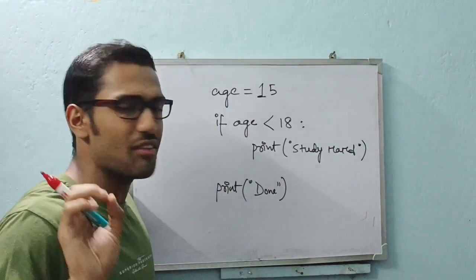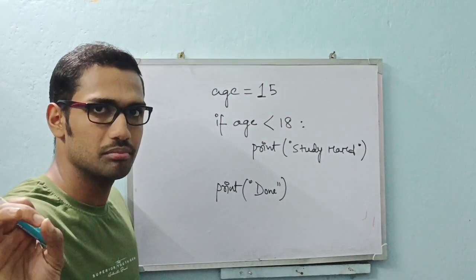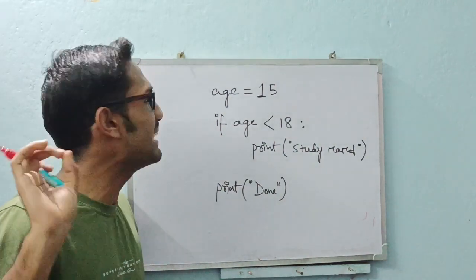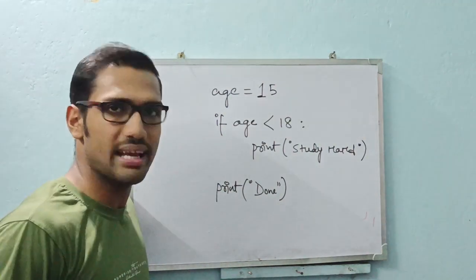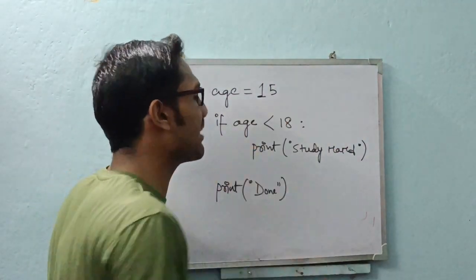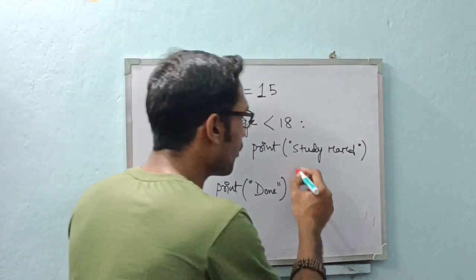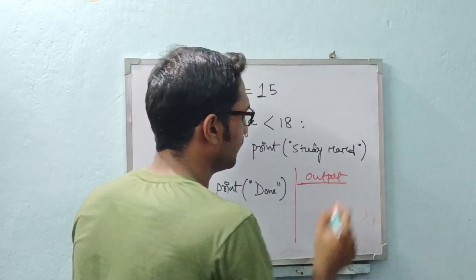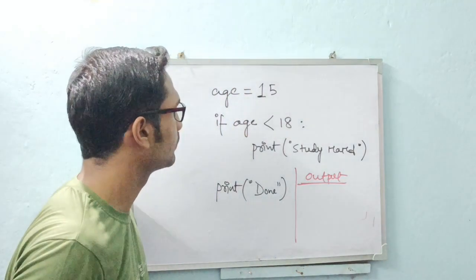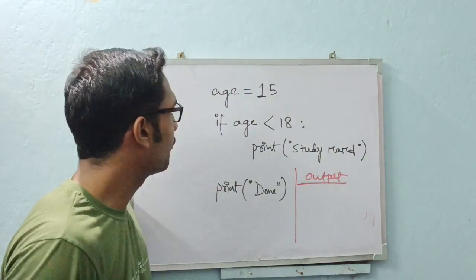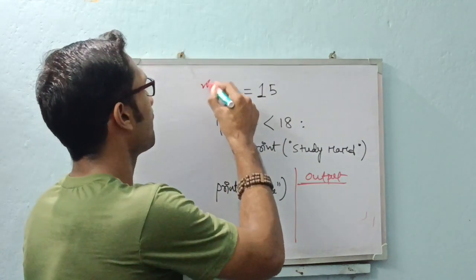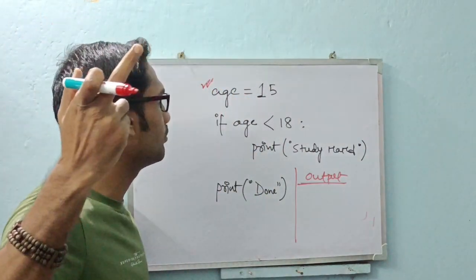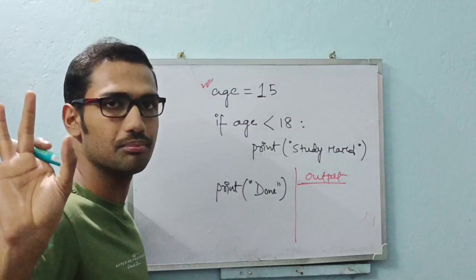We have created a variable named age and we have assigned an integer value 15 to that variable age. Now a condition has been given. So the first statement is executed in your mind, that assignment operation has been done.